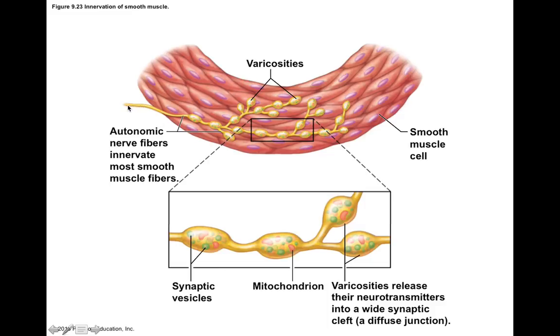So this could be like a parasympathetic nerve, like let's say vagus nerve endings, that then spread out onto the smooth muscle of your digestive tract, and this might cause contraction of your digestive muscle. But remember, these responses in the autonomic muscle, like smooth muscle, cardiac muscle, and glands, are more slow than the somatic responses.